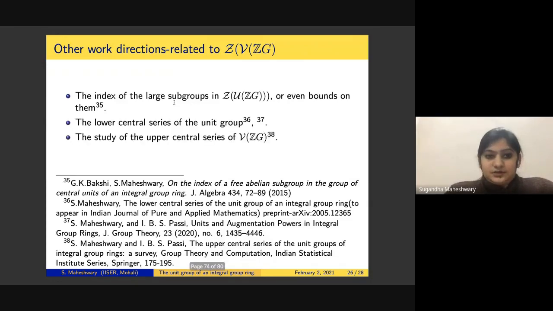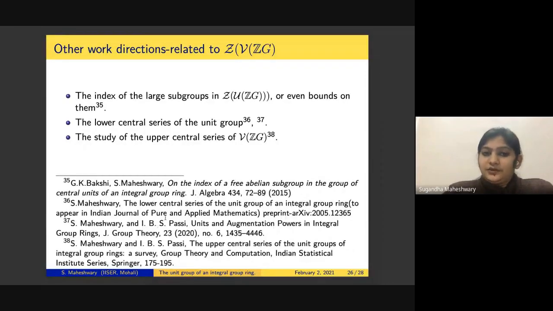Then the two things: the lower central series of this unit group and the study of the upper central series. It's not as easy as it has been listed here. You saw that even to understand the center, there is a lot of work which has been going on, and there is still a lot which needs to be done. The problems associated with lower central series, I have listed 5 problems in this article, which will come up in the Indian Journal of Pure and Applied Mathematics.